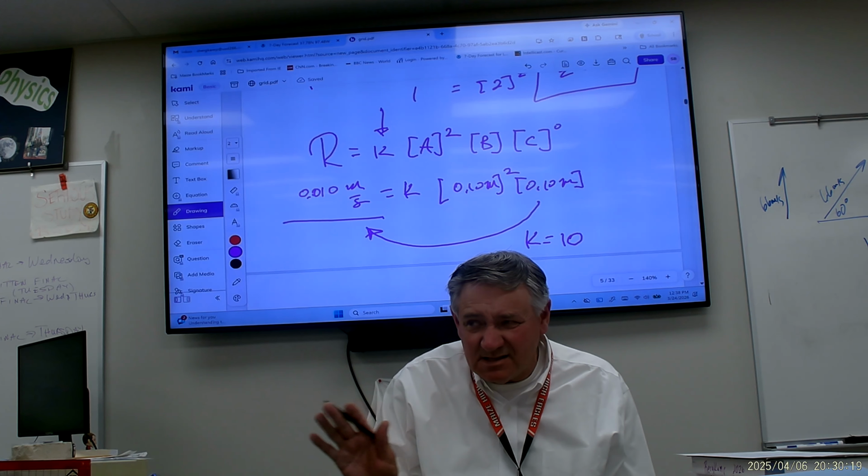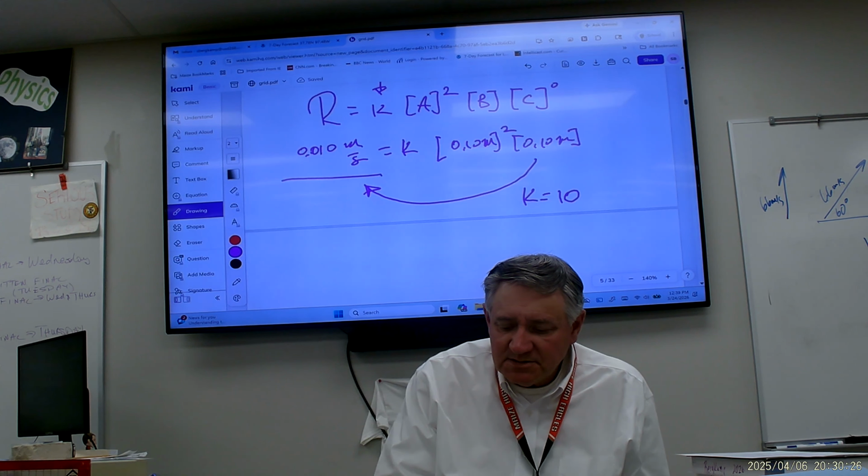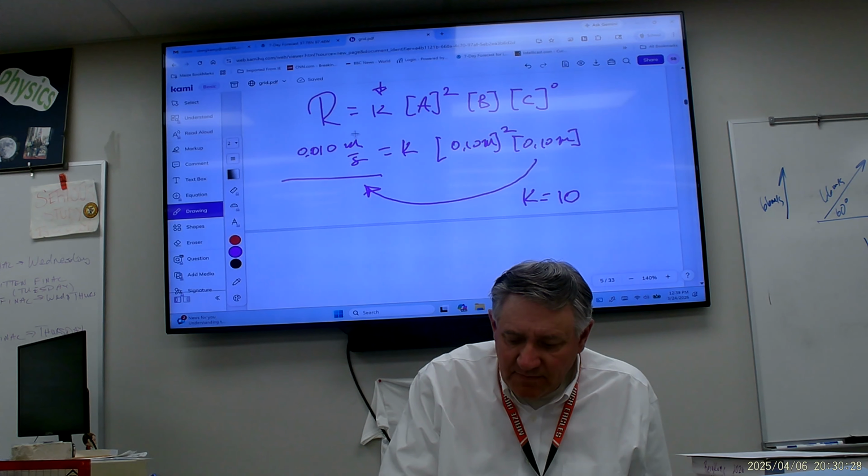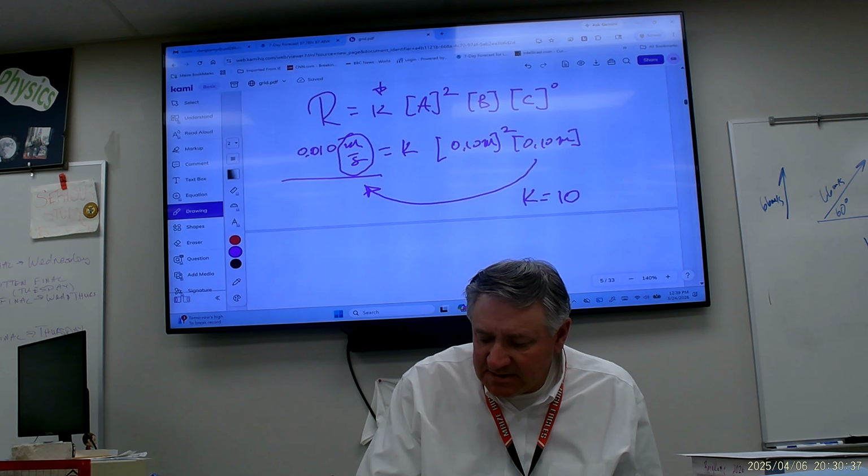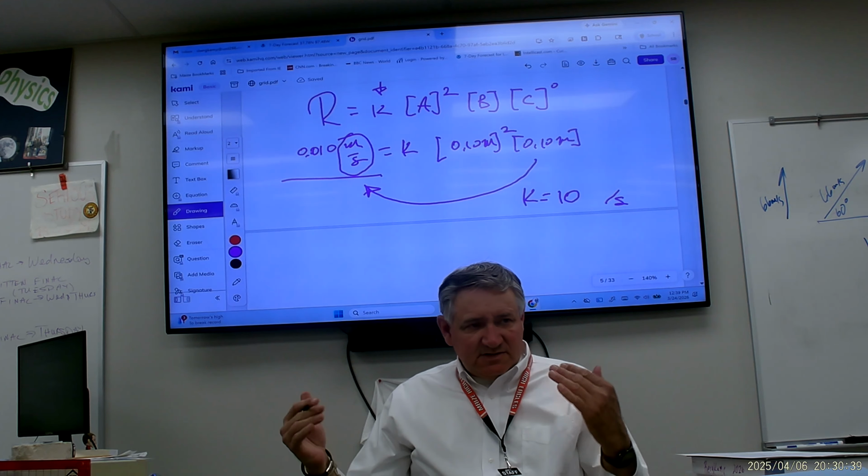That's all it is. Now, the tricky part is the units. This is the tricky part. So, I know that this over here has to be an introduction of time. So I know that K has to be something over seconds.